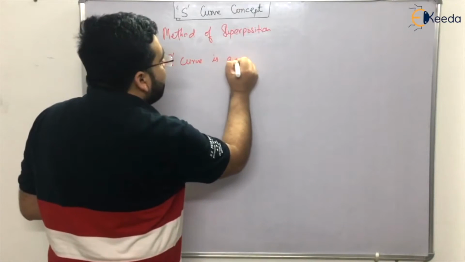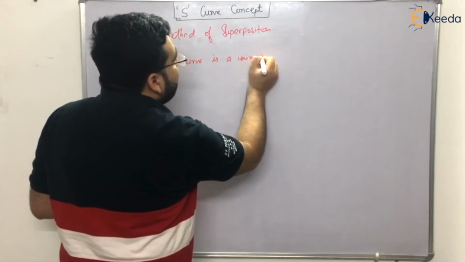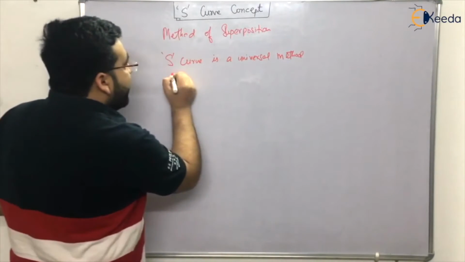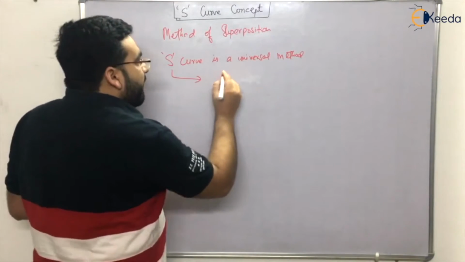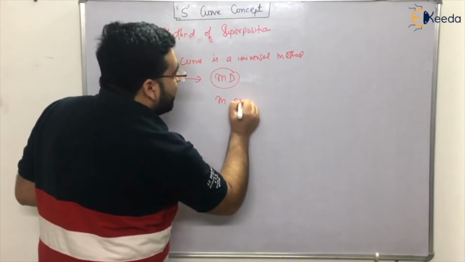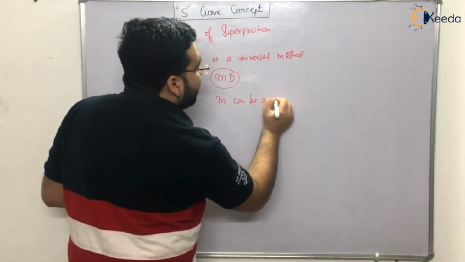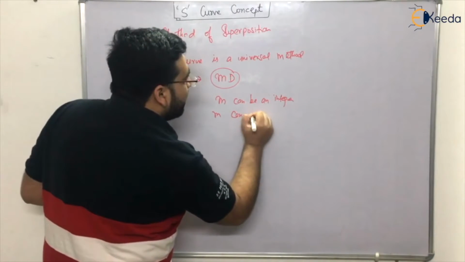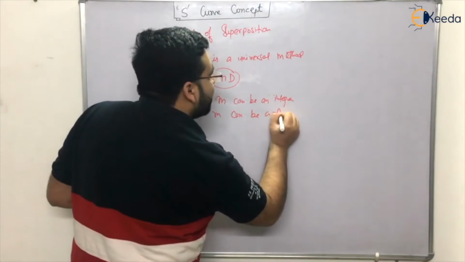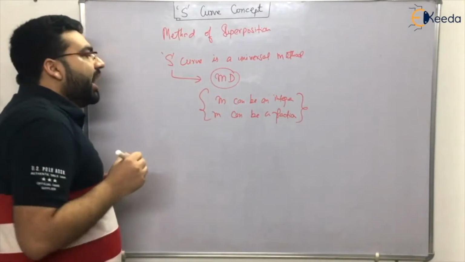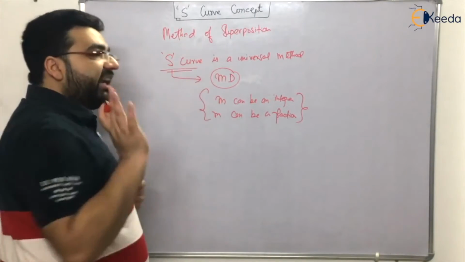In the S-curve you can determine an M D_R hydrograph where M can be an integer or M can be a fraction. For both cases you can determine the unit hydrograph with the help of the S-curve technique.